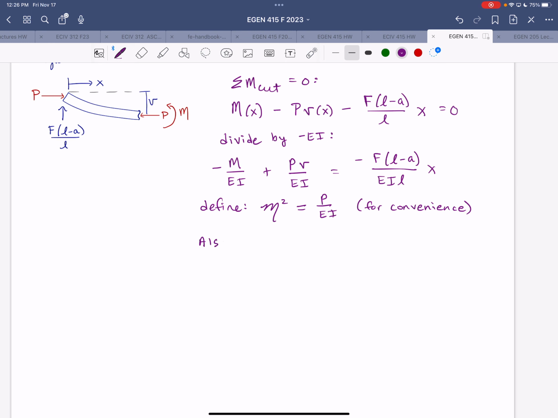And we recall from previous moment definitions that negative capital M over EI is equal to the second derivative of deflection with respect to x.